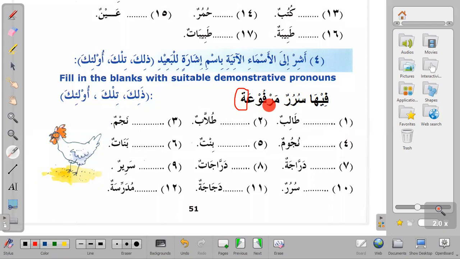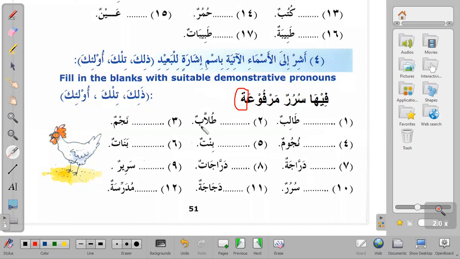Marfu'un means raised. You know rafa'a, which is for you to raise something. But when you say something is marfu'un, in English it's like when you add ed to a verb: raised. The thing is being raised. So that's what we term as marfu'un.